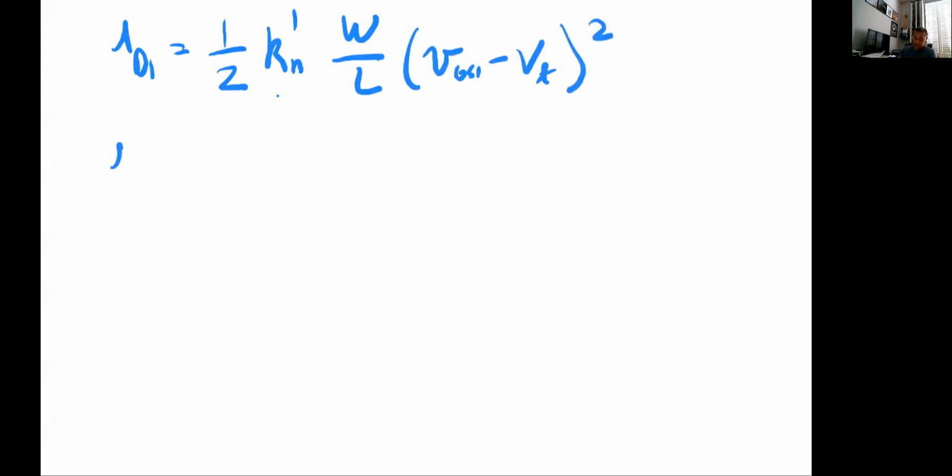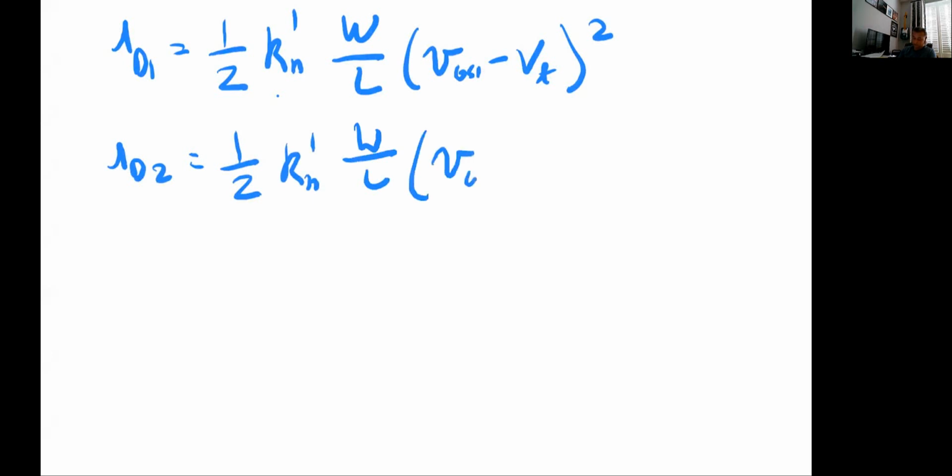And for transistor 2, we have the corresponding drain current equation.